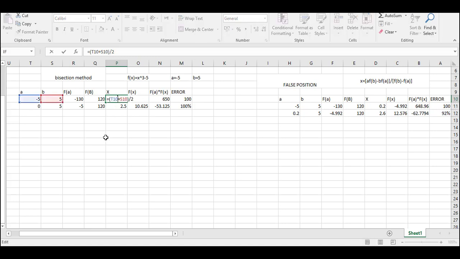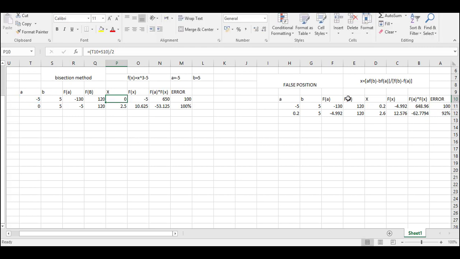Here in the bisection method we use the technique of the mean value between a and b. I mean we get the mean value of a and b and put it in x. But here it is different.